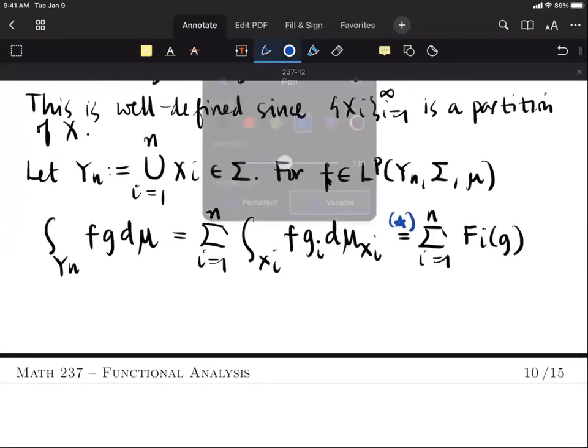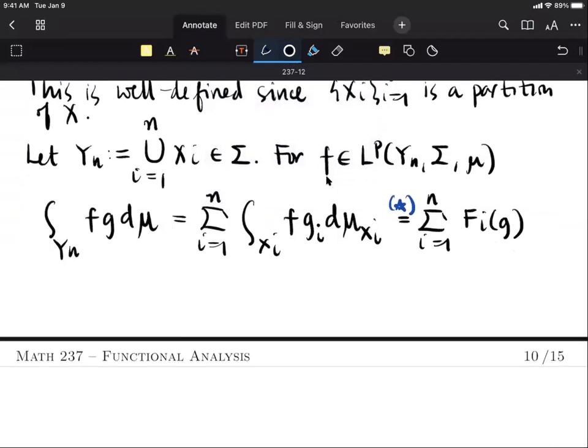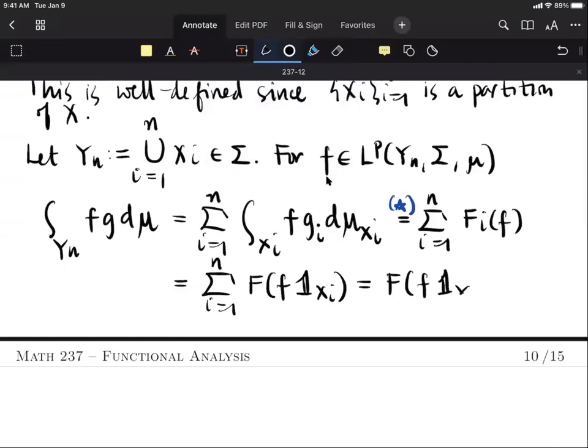Applying here the linearity, or the definition of f sub I I should say, you can see that this is the same as F of f times the characteristic function of x sub I. You apply linearity of F and the definition of Y sub n, and you get this map here.